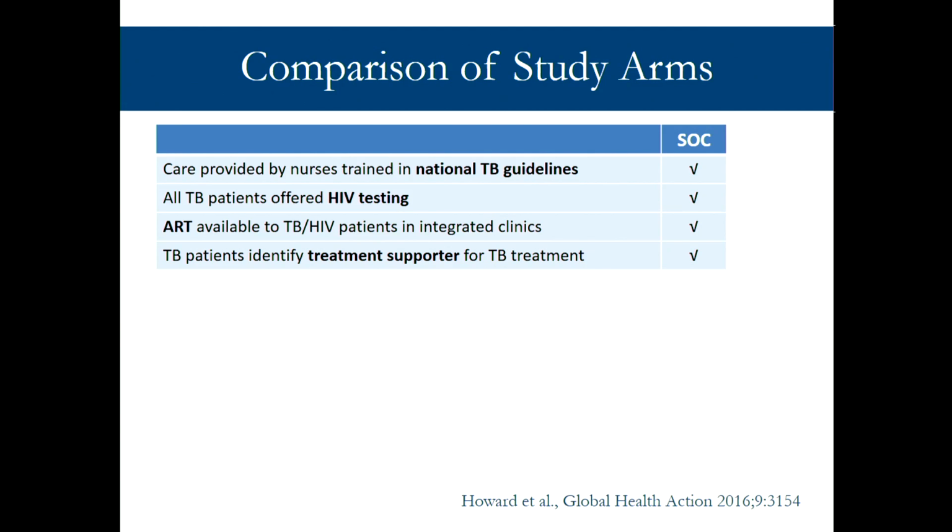In health facilities randomized to the standard of care arm, care was provided by nurses trained in the national TB guidelines. All TB patients were offered HIV testing by lay counselors, and ART was available to TB HIV patients in integrated clinics. DOT was provided by a treatment supporter designated by the patient.